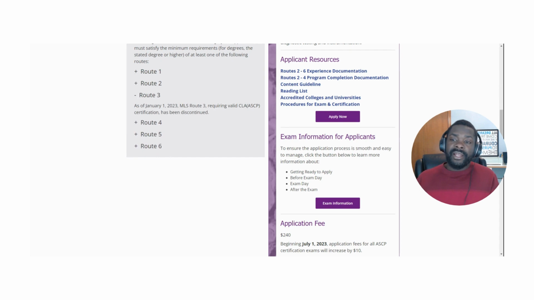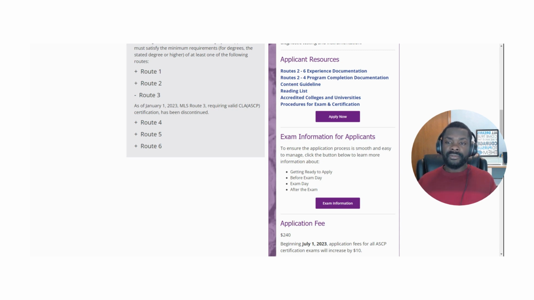All right. Now, bad news. As of January 1st, 2023, MLS Route 3, requiring valid CLA ASCP certification, has been discontinued. They're no longer taking clinical lab assistants, I believe.